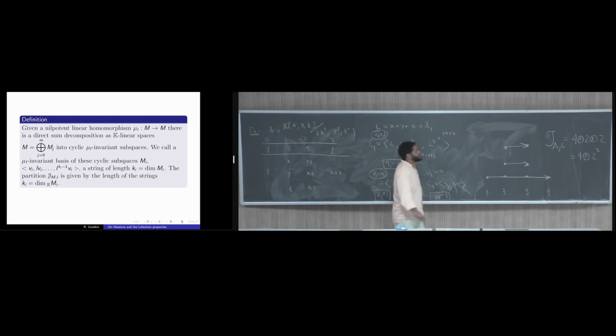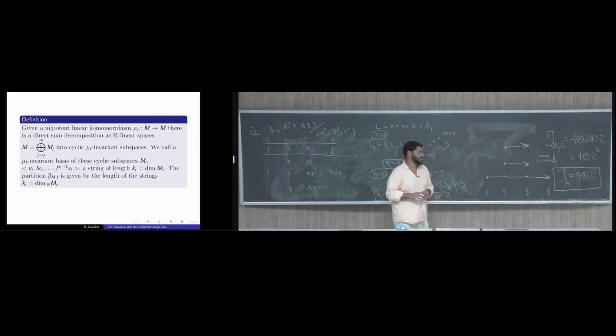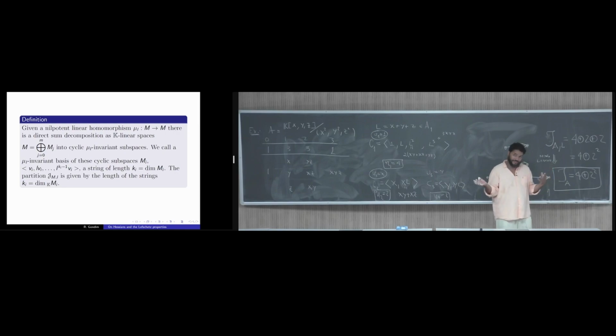In the monomial case, L, the sum of the variables, is general enough to compute the generic Jordan type of the algebra itself, which I call the Jordan type of A.